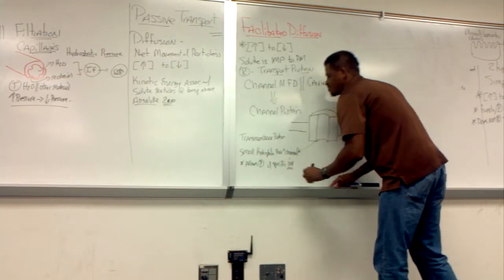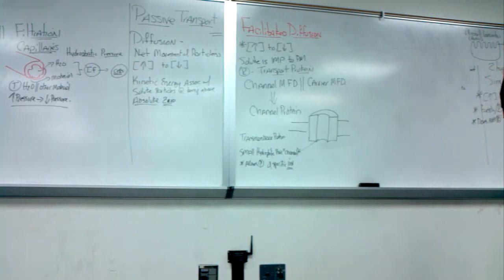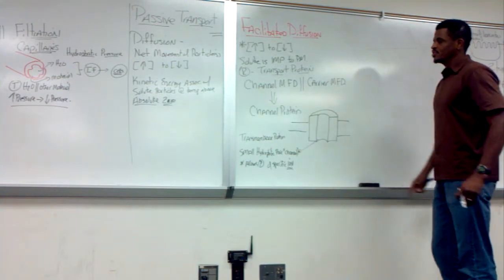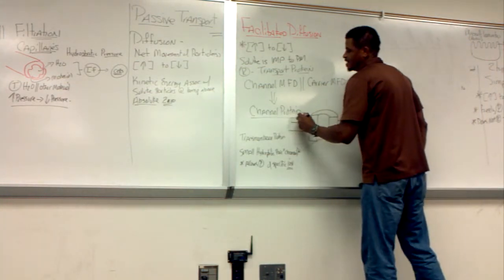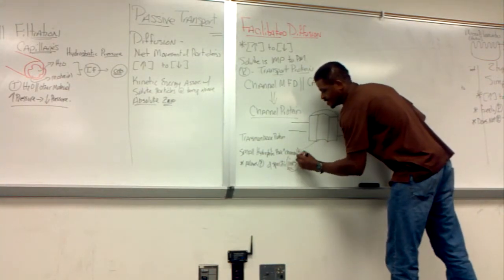We know our ions are charged. They cannot interact with the hydrophobic core established by the fatty acids of the phospholipids. So we use channel-mediated facilitated diffusion to transport ions across the plasma membrane.